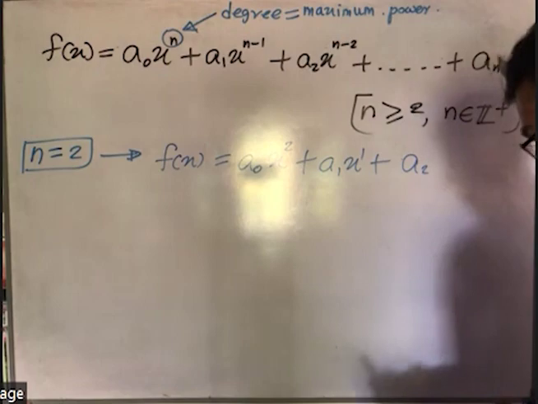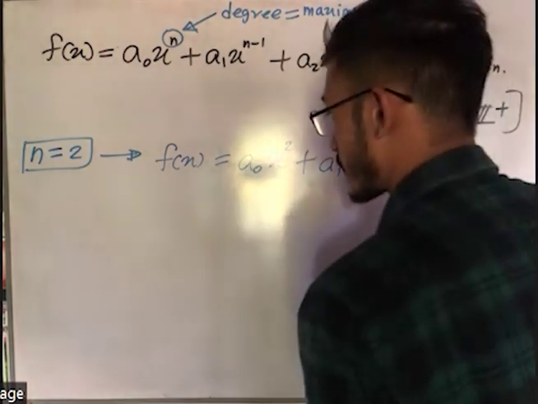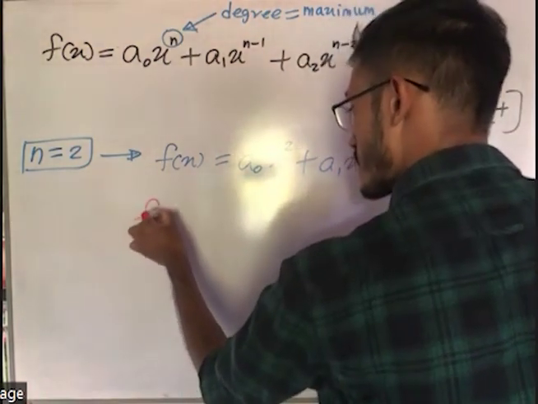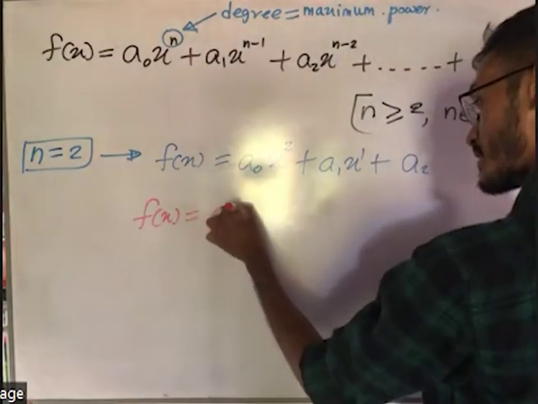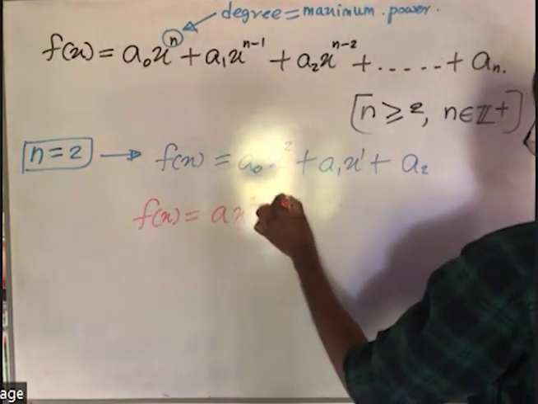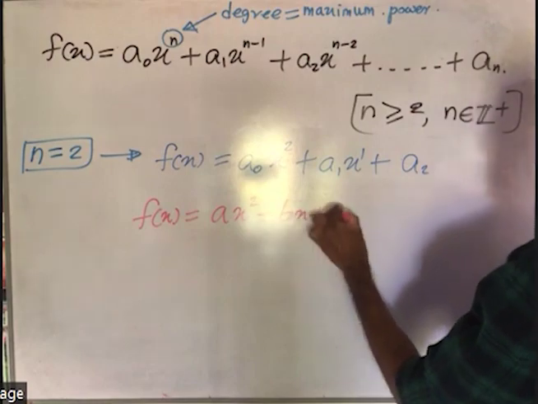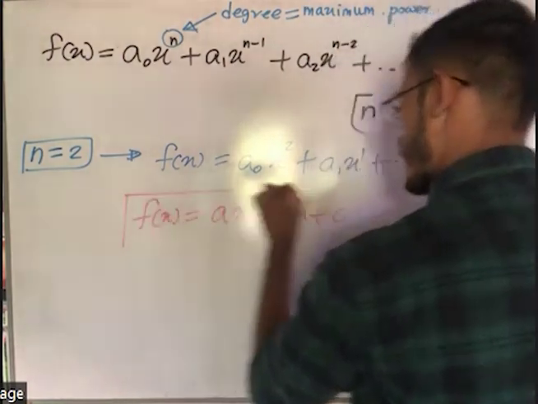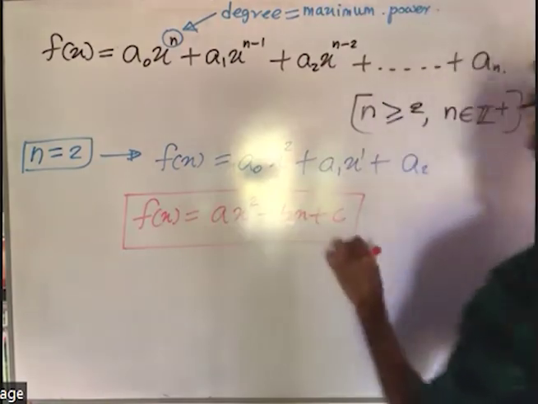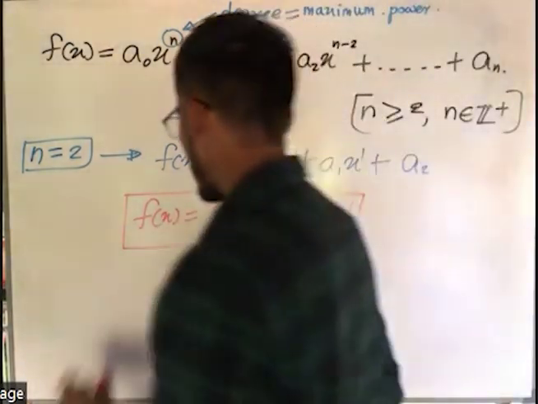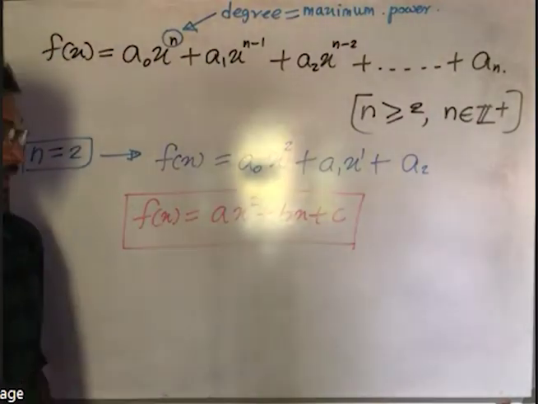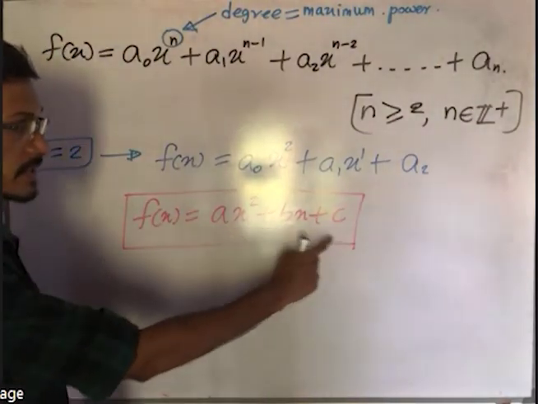So the standard notation for this quadratic function is f(x) equals ax squared plus bx plus c. This is the standard format of a quadratic function.